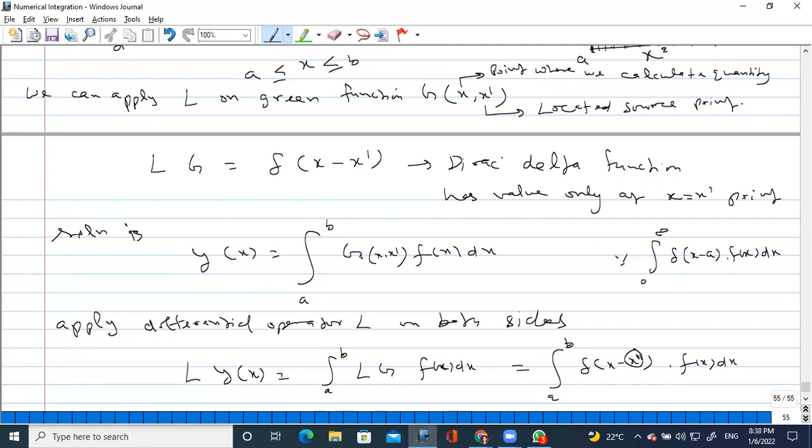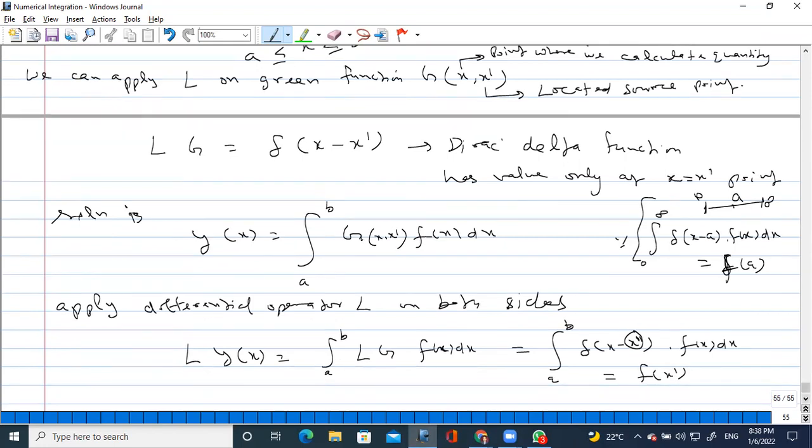Suppose limits are 0 to infinity, and in between a point is there. Then in such a case the answer will be f(a). At a single point the whole function will give you the answer. This property you can use here. So by this property, Ly(x) will be f(x dash).